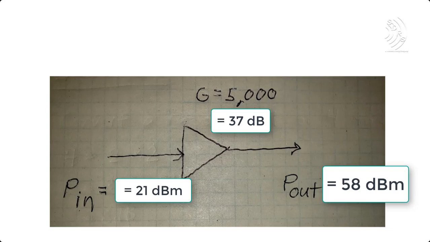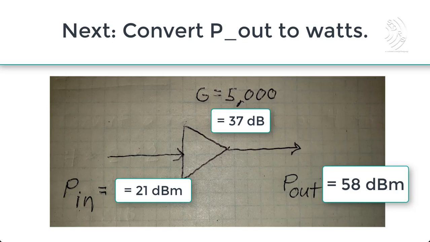That part was easy, but we might need to convert the output power back to units such as watts or milliwatts. In this case, we need to use another rule based on the first one and on the fact that 10 dB is equal to a ratio of 10 to 1. In this case, every time we add 10 dB, we are multiplying by 10. Based on this and on the tables that we generated, the output power is greater than 50 dBm, which is 10 to the 5th milliwatts, or 100 watts.